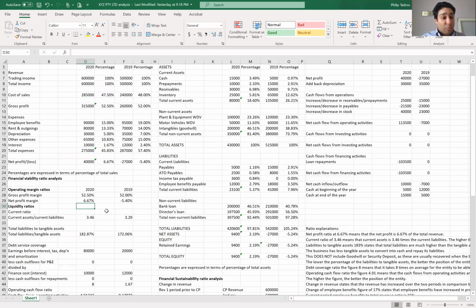Now, again, that could be a good thing. However, if you as a director or an owner of the business expect that the net profit margin is to be 10% of your total income, in this case, it's not. So in this case, the business may not have performed as to the expectation of the director or the owner.